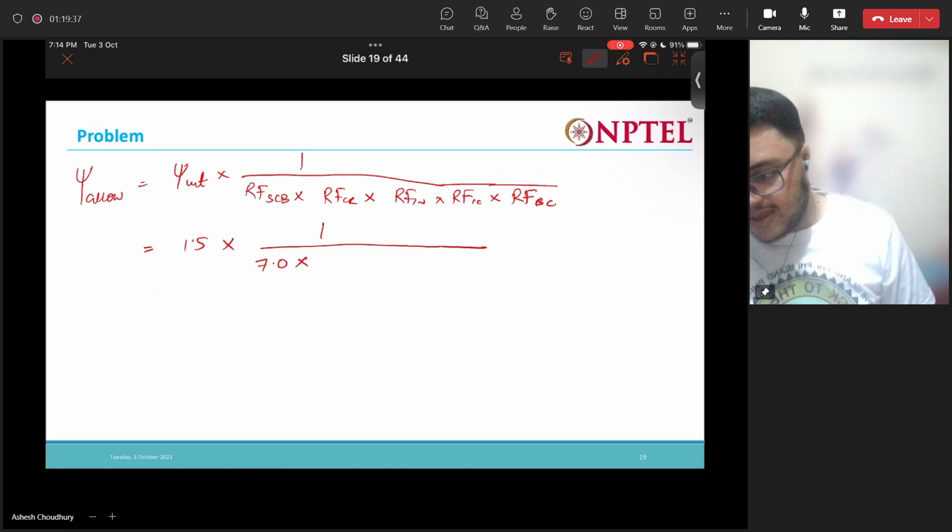To choose these values, many tables are available in the literature; I will show you one table later so that you can refer.